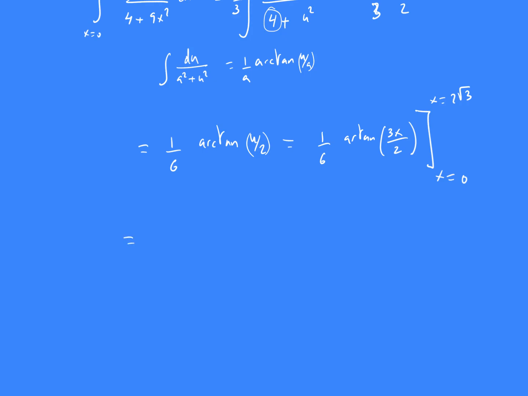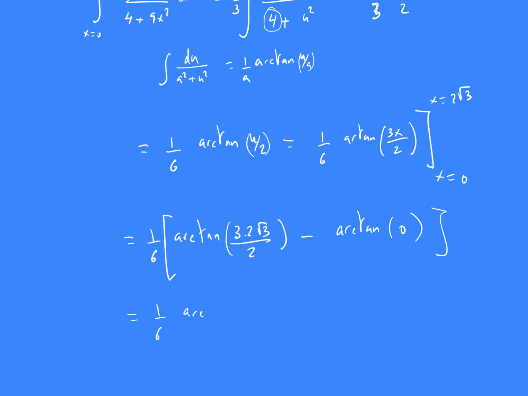So it will be 1/6 arctangent of 3 times 2 square root of 3 divided by 2, minus arctangent of 0. Arctangent of 0 is 0, and we have 1/6 arctangent of 3 square root of 3.